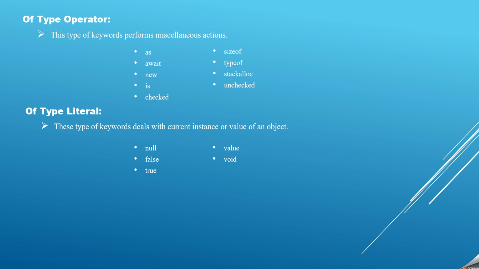For example, null can be assigned to a particular variable. Void is a return type, which only deals with the current instance, the current block you are working with. That's why we have categorized them like this, right? So let's move into the next video session.